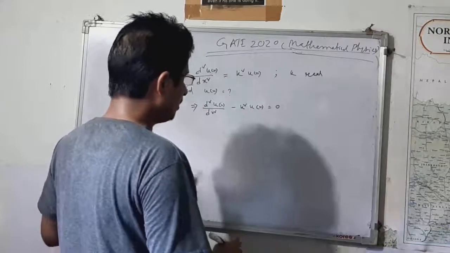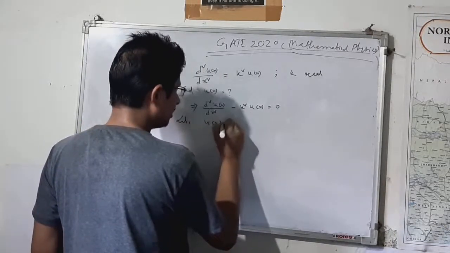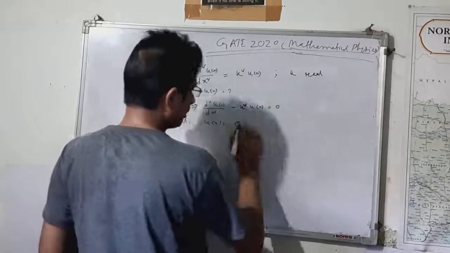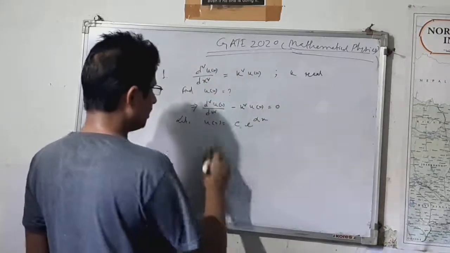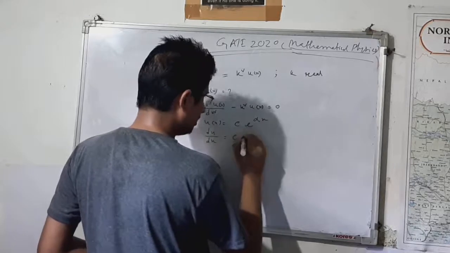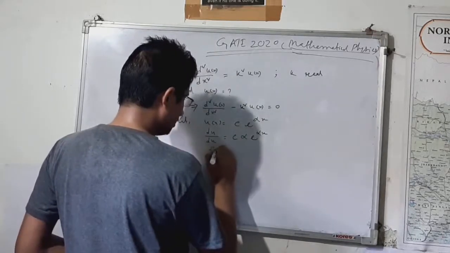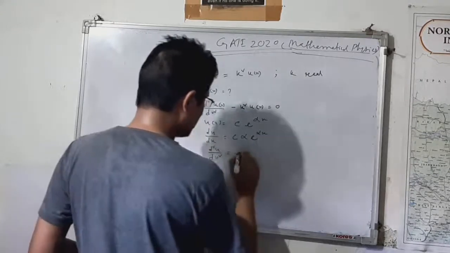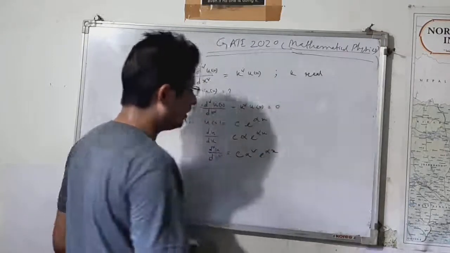Now let the solution be u(x) equal to c e to the power alpha x, then du/dx equals c alpha e to the power alpha x, and double differentiation gives c alpha square e to the power alpha x.